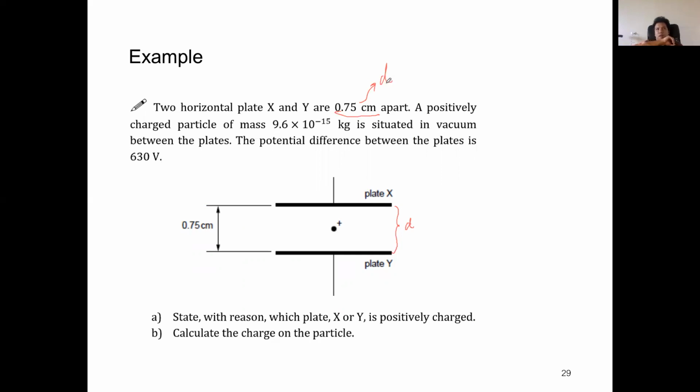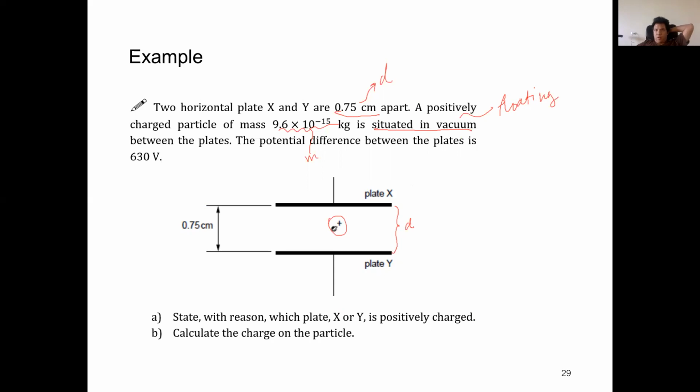A positive charged particle of mass, okay, we have mass m, is situated in vacuum between the plates. Situated in vacuum, that means this guy is floating and is in equilibrium.